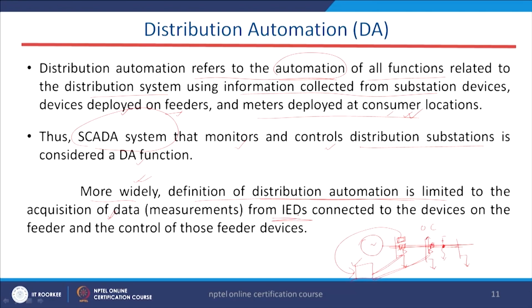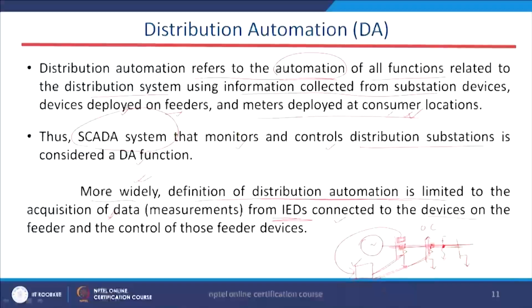IED stands for intelligent electronic devices, which are connected to the devices on the feeder, and control of those feeder devices. We will see more about this infrastructure in further slides. We will talk about what this IED is, where it is connected and how it functions.